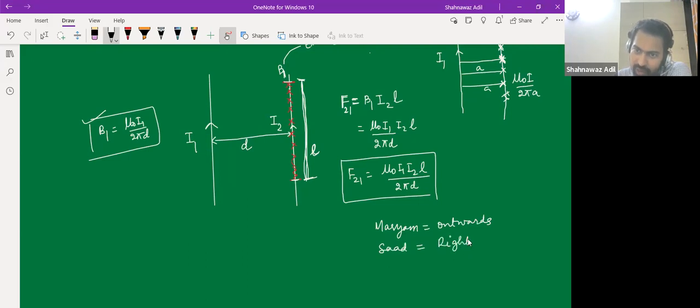And Aisha, what about you? Remember the direction is L cross B, so either use the IJK method or the thumb.